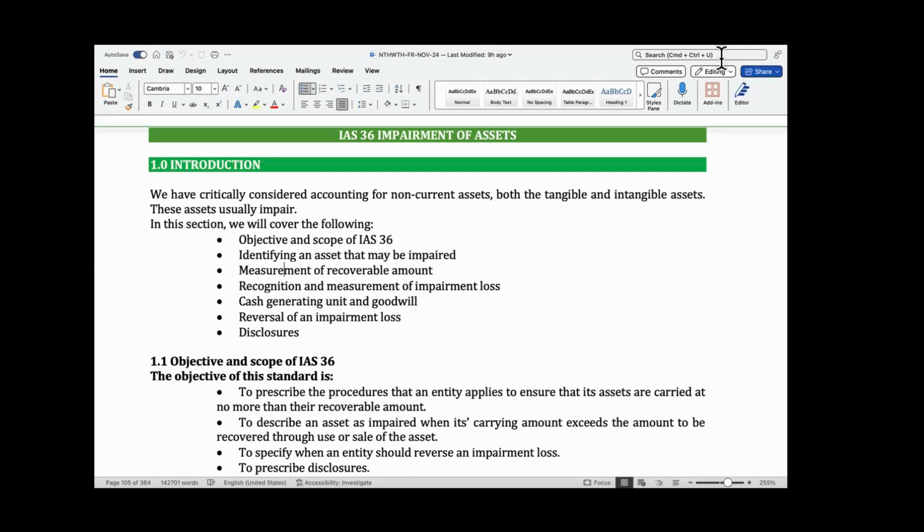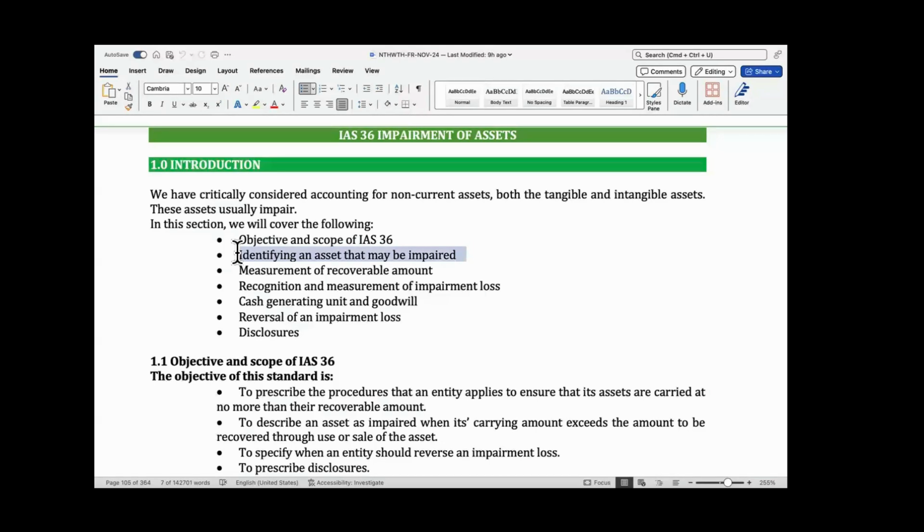So what we'll cover first, we'll look at the objective and the scope of this IAS 36. Then we will try and understand how we can know when an asset is impaired. Then we'll look at a terminology called recoverable amount, and how we measure it.